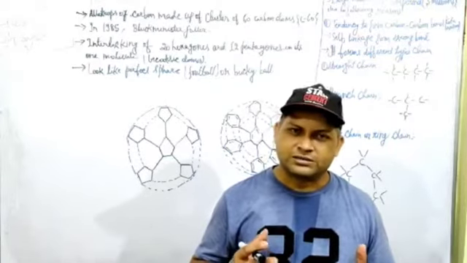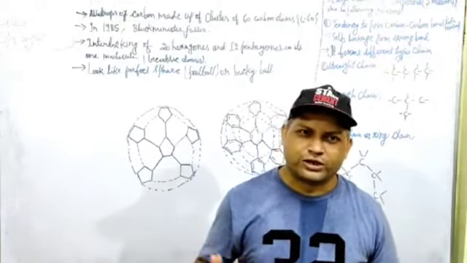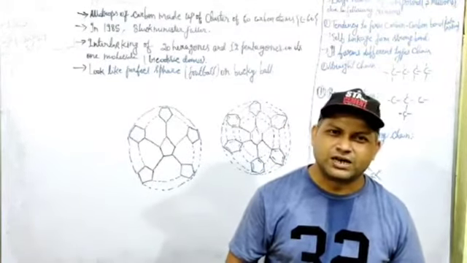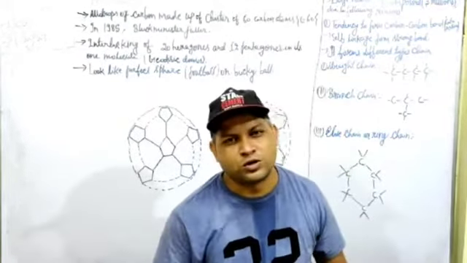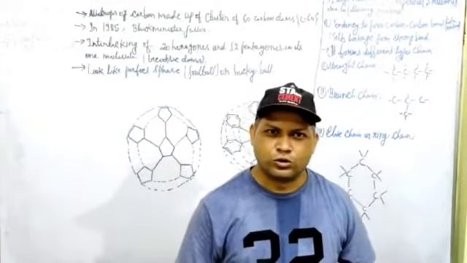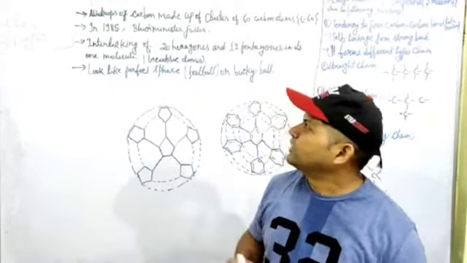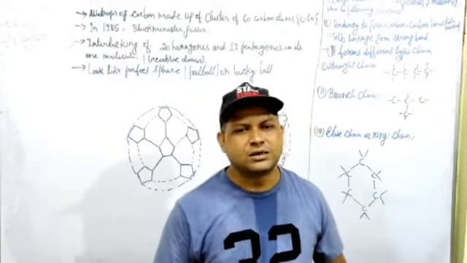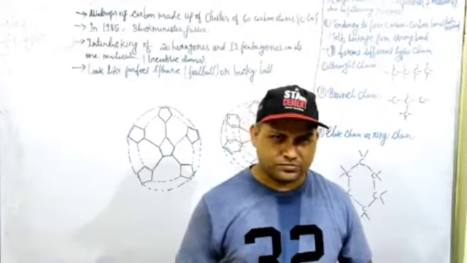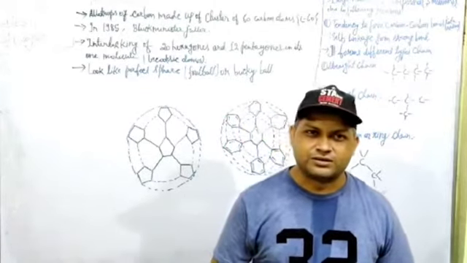Now let us come to know about it. First of all, I am going to discuss another allotrope of carbon, that is fullerene. Fullerene is one of the other allotropes of carbon.